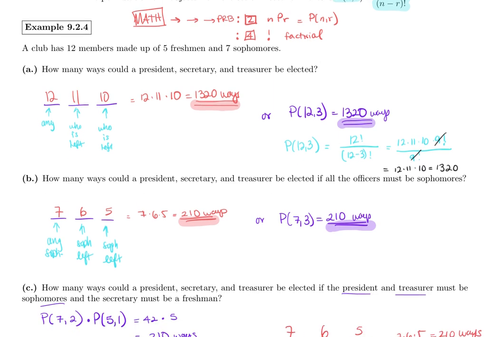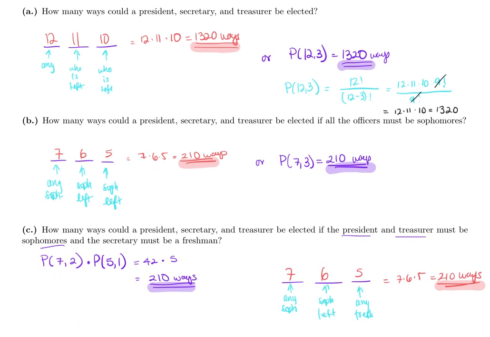In the same manner, we can do 7 choose 3 down here. So our permutation of 7 choose 3 would be 7 factorial over 7 minus 3 factorial. So 7 times 6 times 5 times 4 factorial over 4 factorial.